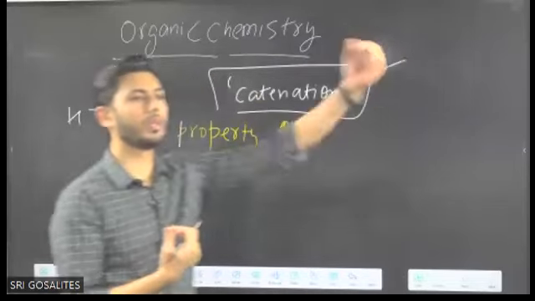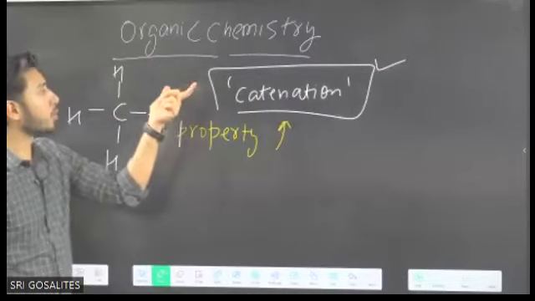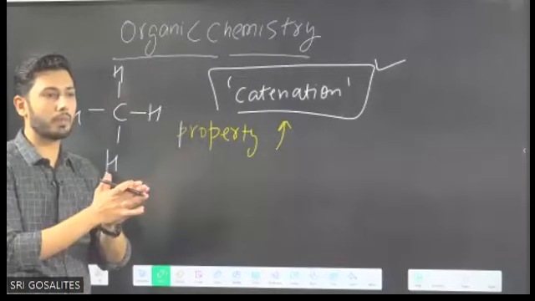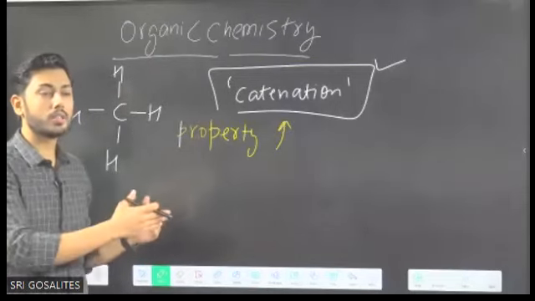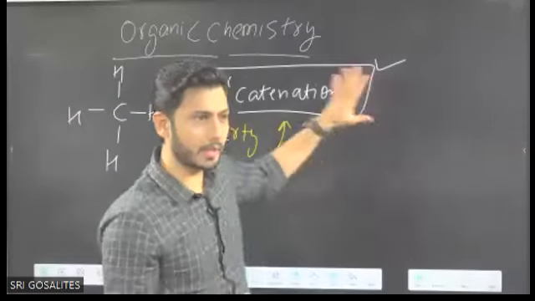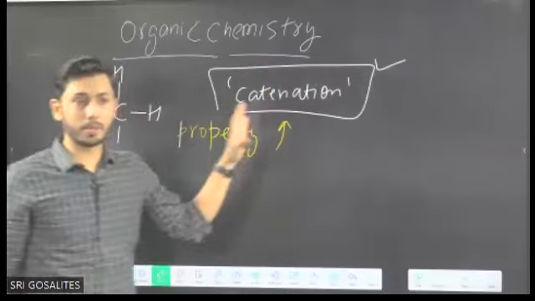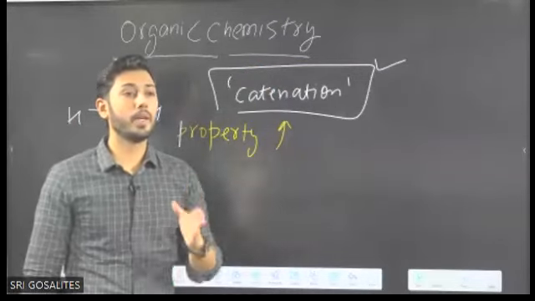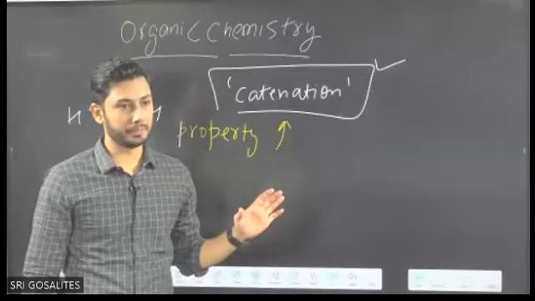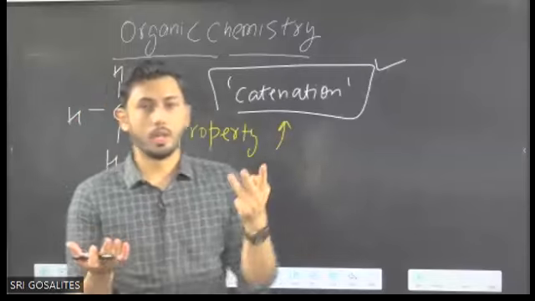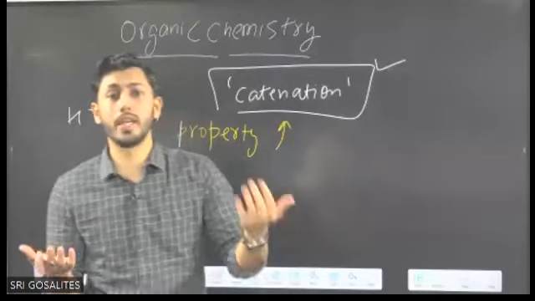And that is why we talk separately about a portion termed as organic chemistry, means the chemistry of carbon, hydrogen, and some other elements may also be present, like nitrogen, oxygen, sulfur, phosphorus, halogens.